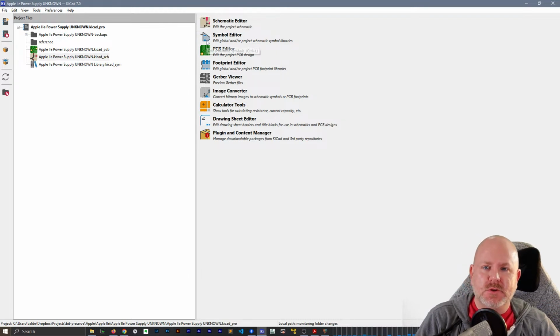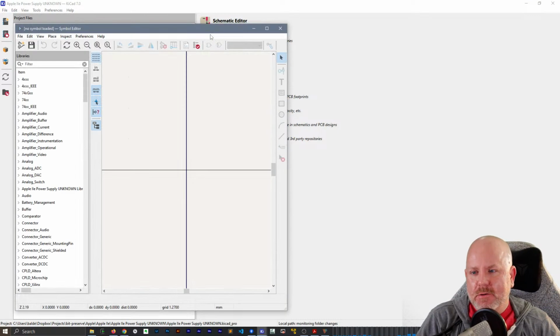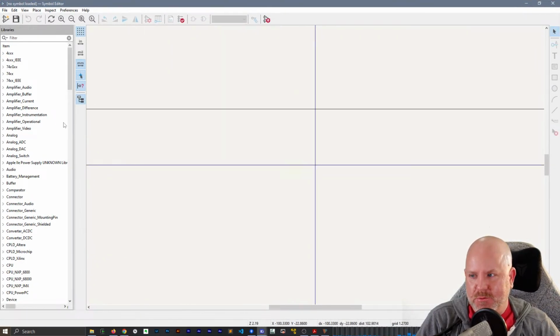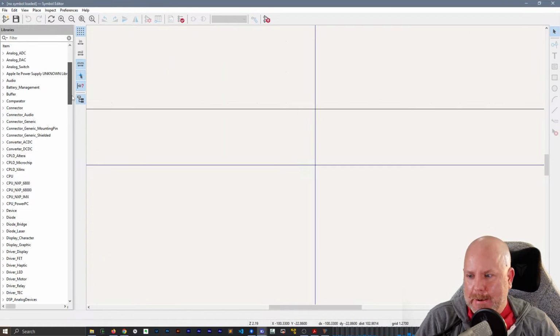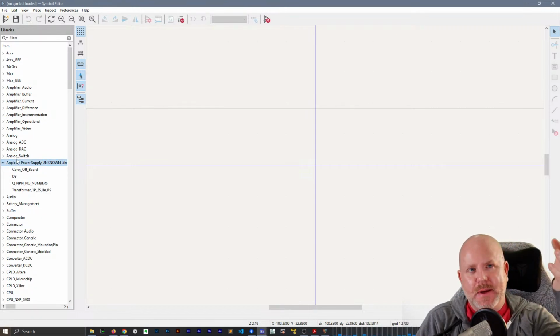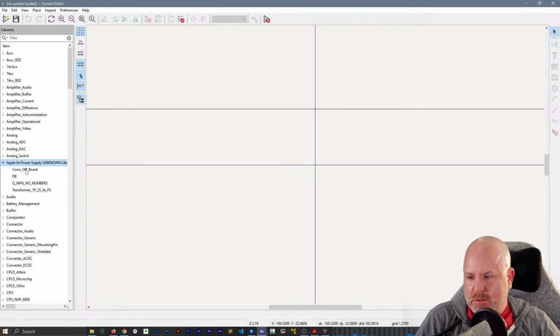Okay, so now I'm going to open up my symbol editor, and I have created a library for this schematic, which is my preferred way to do things on bit preserve. It makes things nice and easy. And if you want to create a new schematic based on this one, you can copy the custom parts that somebody makes.